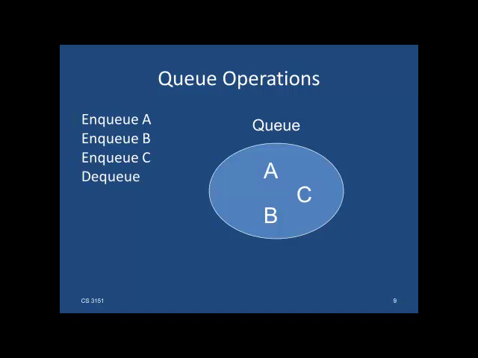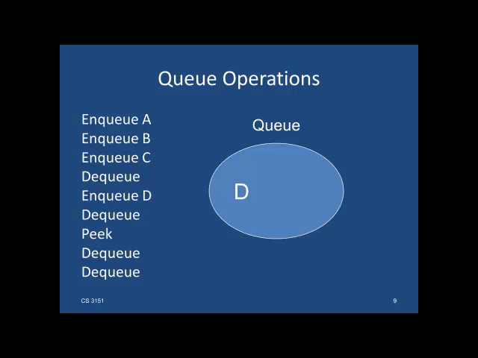The dequeue operation has to remove the item that has been added first, which is A. Enqueue D adds D, and the next dequeue operation removes B, since B has been added before C and D. Peek returns C without removing C from the queue. Dequeue removes C, since C has been added before D. And finally, dequeue removes the last item in the queue.